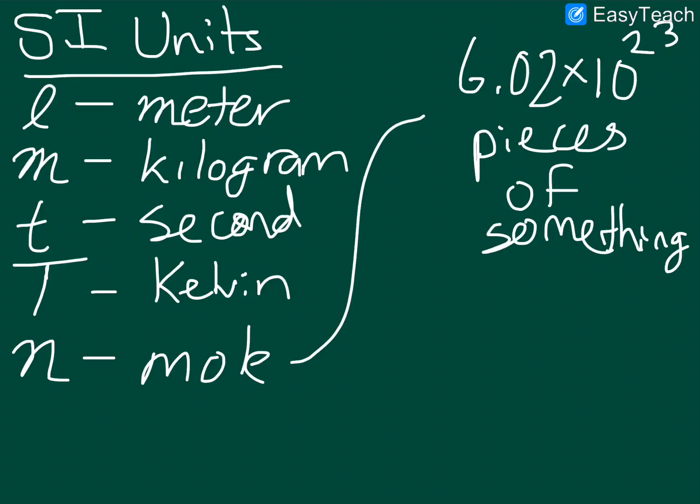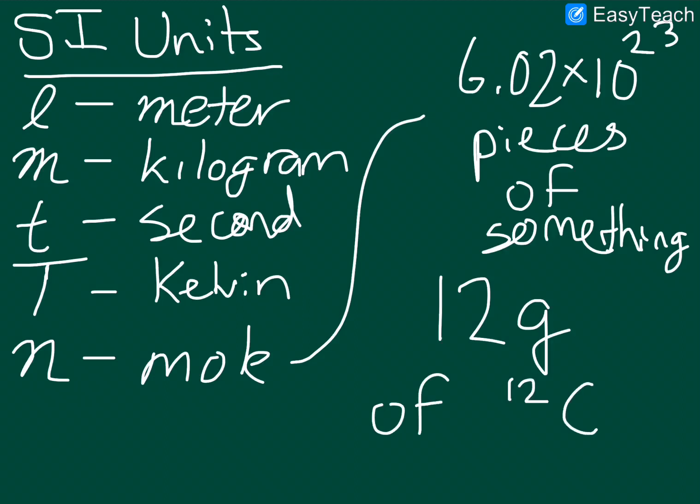This number is called Avogadro's constant, and it comes from the amount of atoms found within 12 grams of carbon-12. 12 is the atomic mass for carbon, and the 6 is the atomic number, so 6 protons, and subtracting 6 from 12 means 6 neutrons.